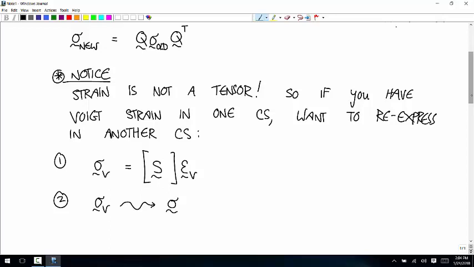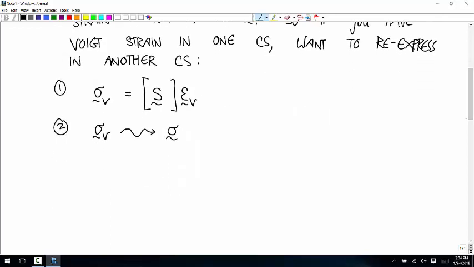Just put it into the matrix form. Then find the new stress tensor in your new coordinate system as Q stress old Q transpose.